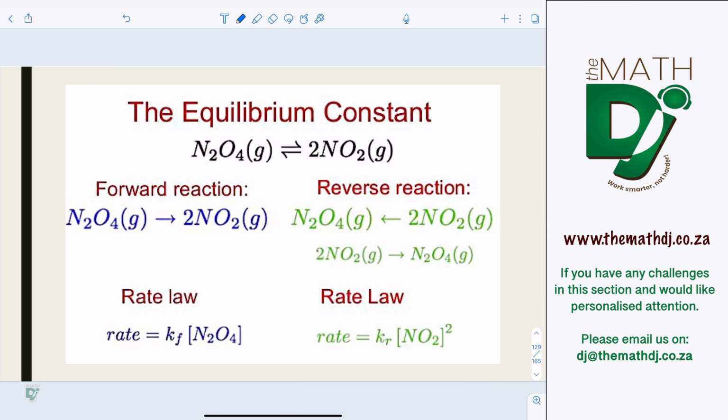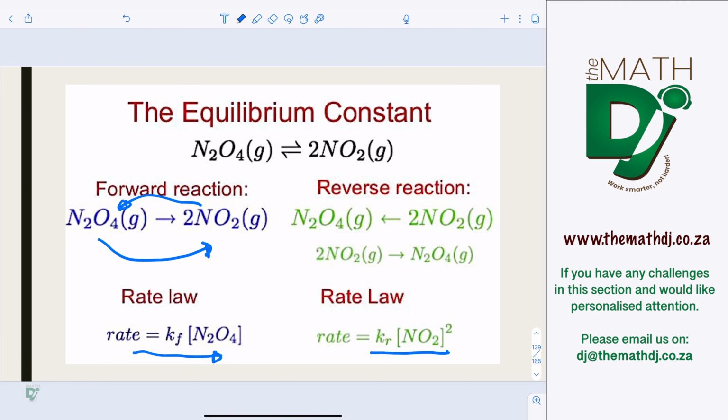So equilibrium constant. The forward direction is from here to there. The backward direction is coming from here to there. When you are doing the forward direction, it is like this, and the backward is the reverse.